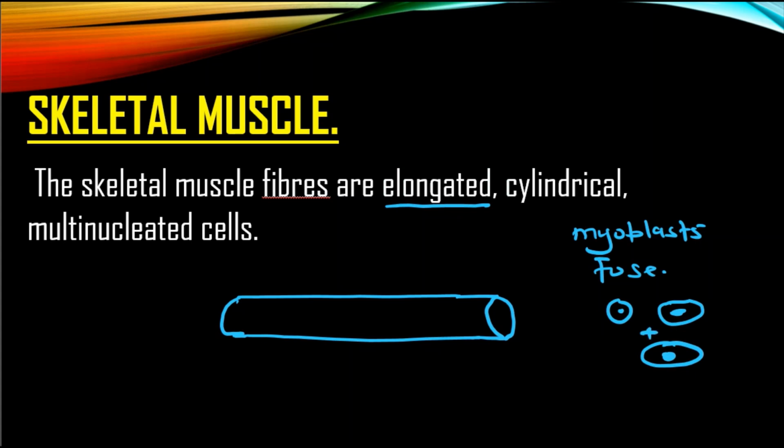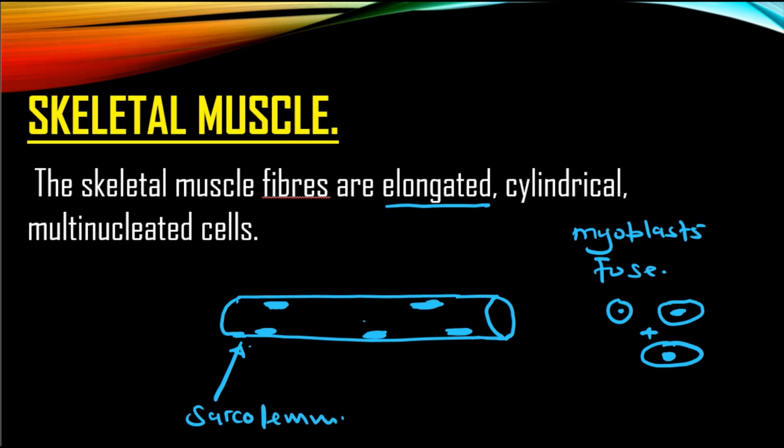When they fuse, the skeletal muscle cell is going to be elongated and it is going to have a lot of nuclei. So they are multinucleated cells. And these nuclei are found mostly beneath the sarcolemma. Now remember, we said that the sarcolemma is the cell membrane of muscle cells.